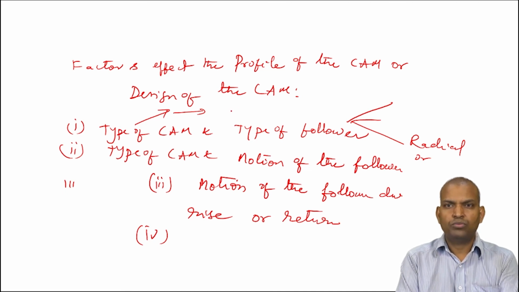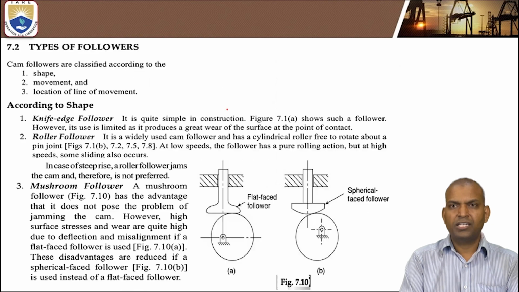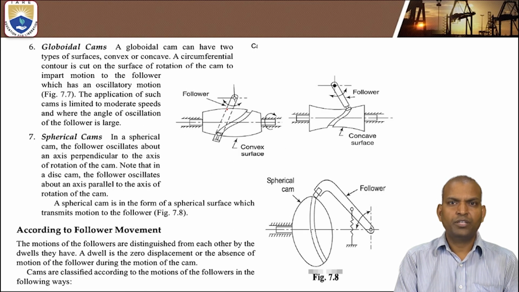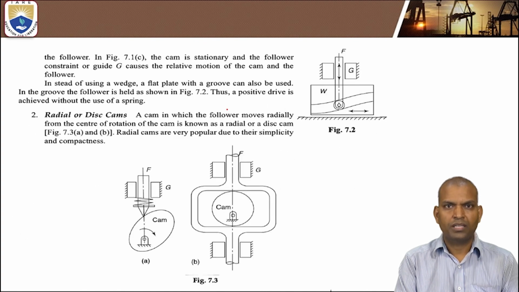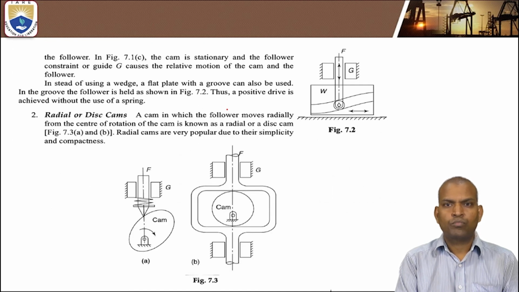We'll follow radial types of cams, not conjugate cams. During solving the problems, the type of cams we'll follow is called the radial or disc cam.